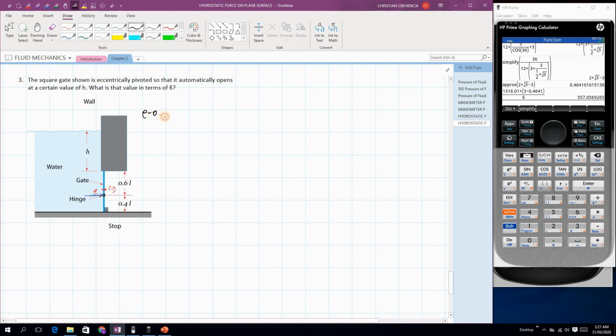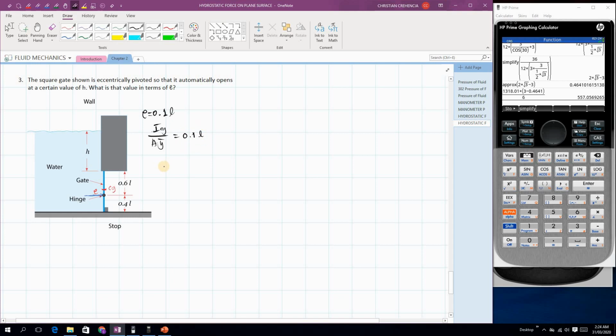So yung distance E is 0.1 ng L, yung distance L. Okay? Or ng length. So, sabihin, if we take yung moment of inertia over area y bar, so that will be equal to 0.1 L.